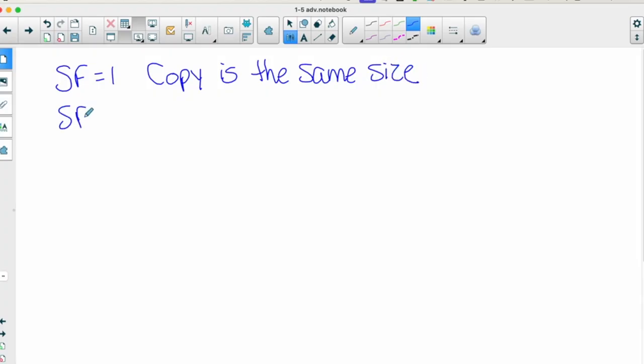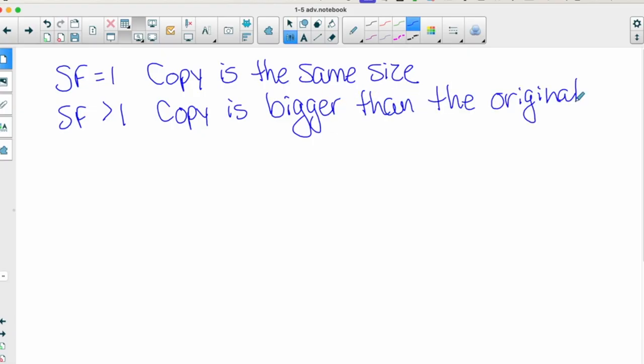When the scale factor is bigger than 1, the copy is bigger than the original. And when the scale factor is less than 1, the copy is smaller than the original.